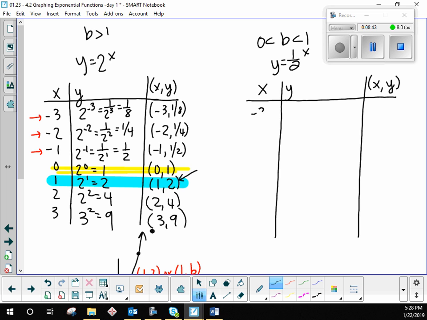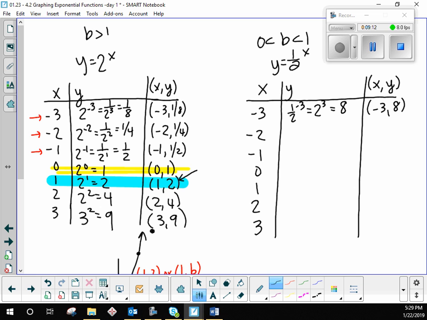Same values. When I put negative 3 in for x, I've got 1/2 to the negative 3. I'm still flipping the base and changing the exponent to positive. Here's what that looks like now. Flipping the base makes 1/2 into 2. The exponent now becomes positive 3, and 2 cubed is 8.